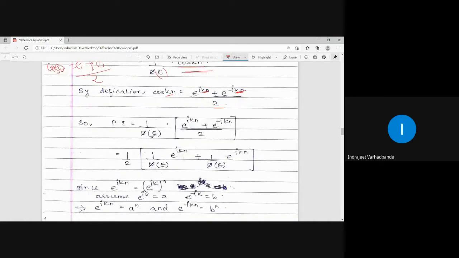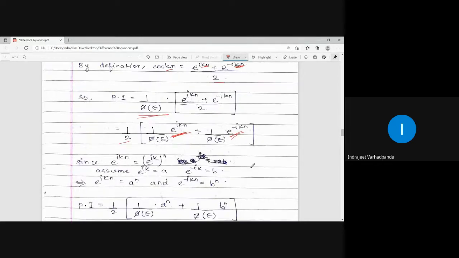The particular integral is equal to 1 upon phi of e operated on e to the power ikn plus e to the power minus ikn upon 2. Separate it. 1 by 2 can be taken common: 1 upon phi of e operated on e to the power ikn plus 1 upon phi of e operated on e to the power minus ikn.